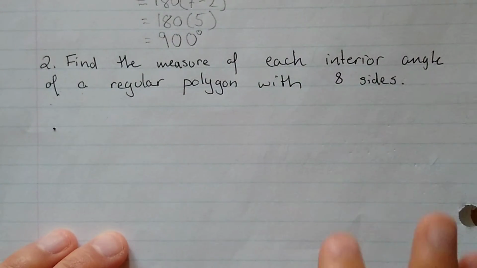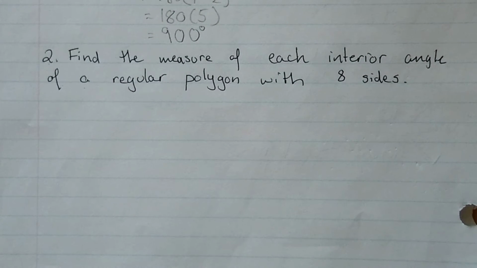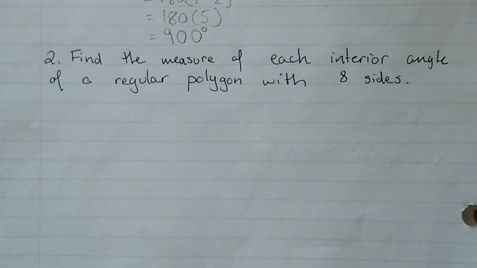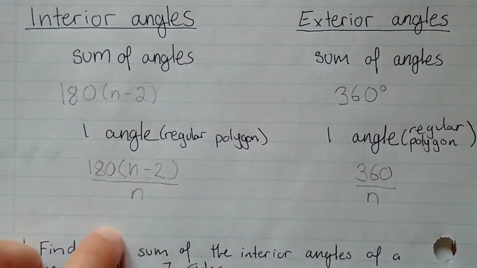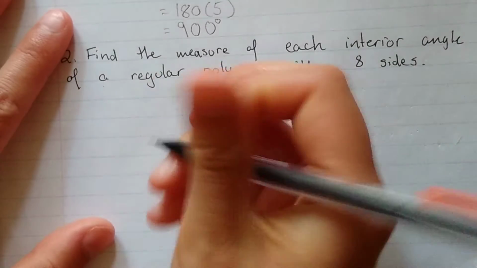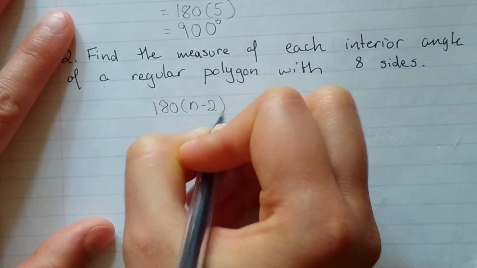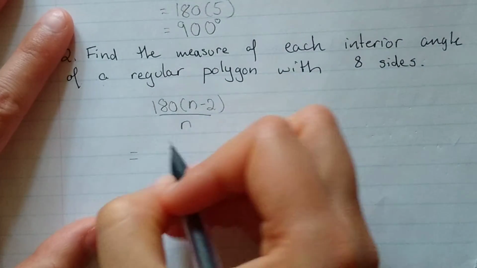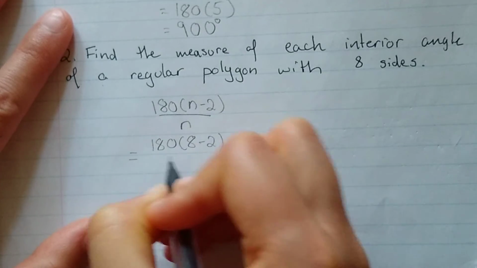Let's see here now. Find the measure of each interior angle of a regular polygon with 8 sides. So here we're dealing with each interior angle, which means just one, and it's interior. So one interior angle is 180 times n minus 2 over n. And this is 8 sides. So instead of n, we're going to substitute in 8.